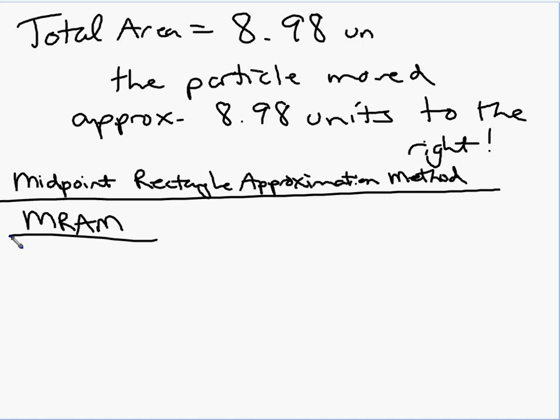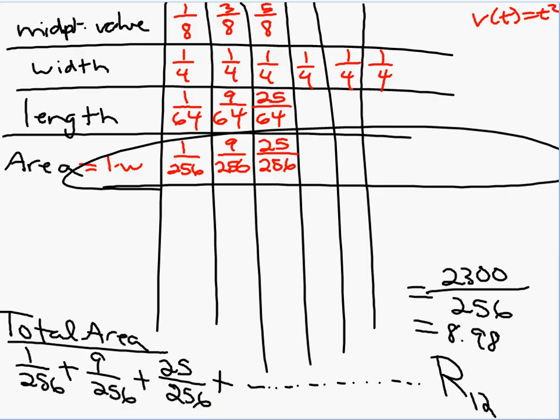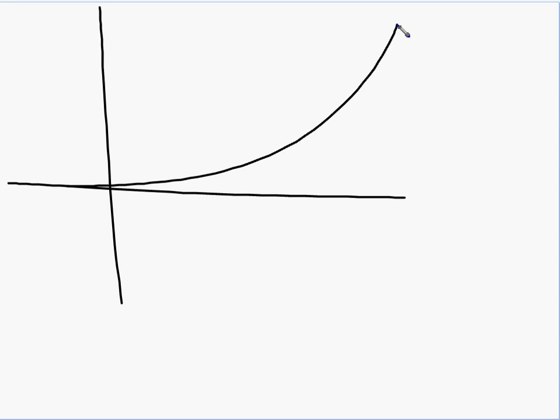Because remember, let's go back to my picture. I decided on every one of these to make the midpoint be my length, or the function value of the midpoint. Let me draw a new picture here. Instead of using the midpoint, let's say these were my intervals.